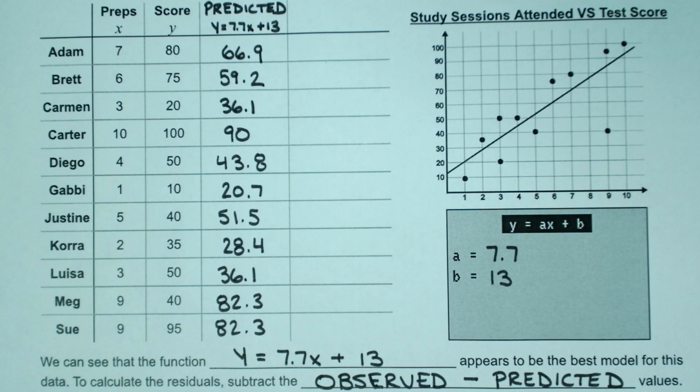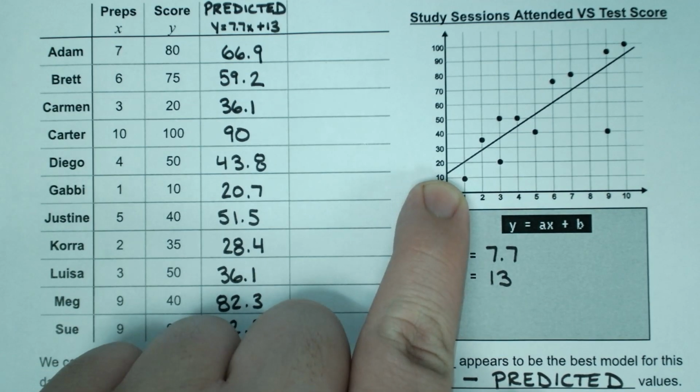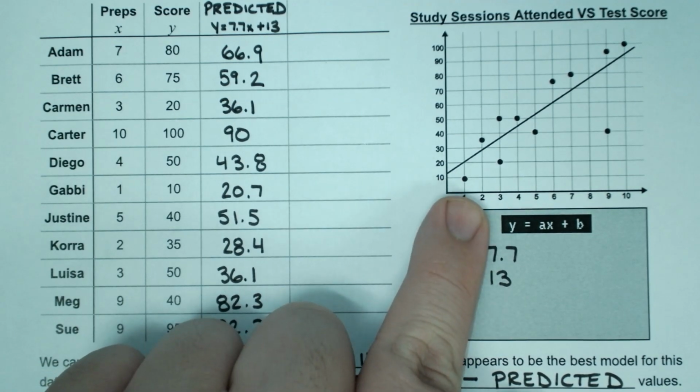The whole point of residuals is saying how far off is this line? This line of best fit, how far off is it from the actual data points?